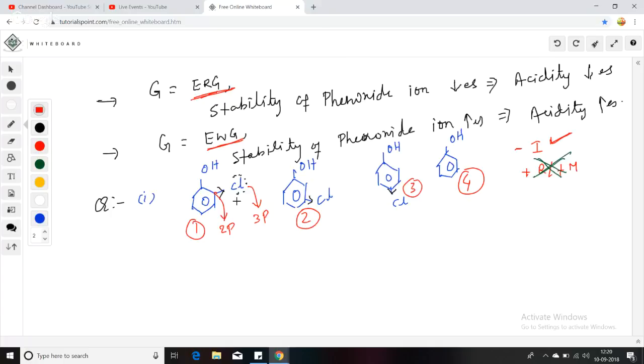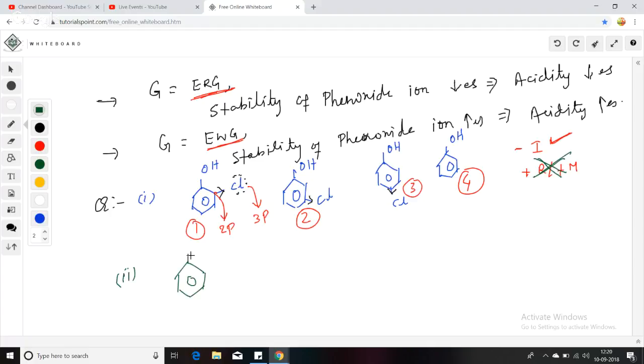Okay, now coming back to the next example, which is the most important one and a very good example, we are writing it down here only. Second one: suppose I write different halogens present.